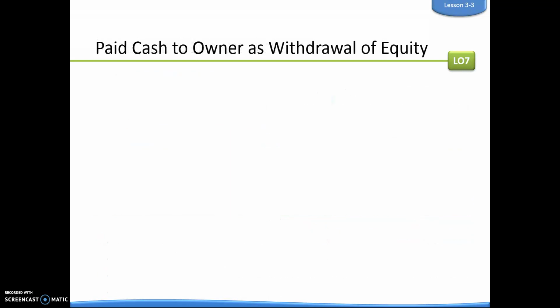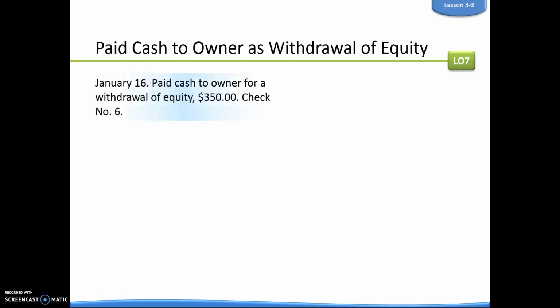And then our final transaction we're going to talk about is when we paid cash to the owner as a withdrawal of equity. So on January 16th, we paid cash to the owner for a withdrawal of equity of $350, check number 6. Remember, what's happening here is that the owner of the business is taking money out of the business and putting it into his personal account. That's his paycheck, essentially.